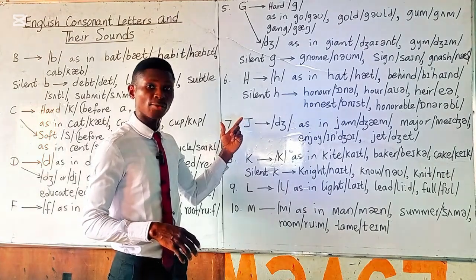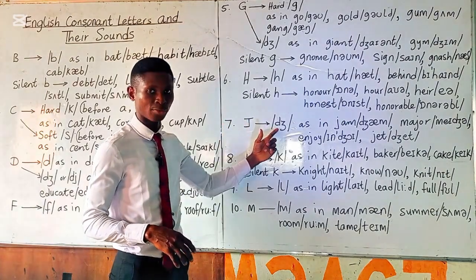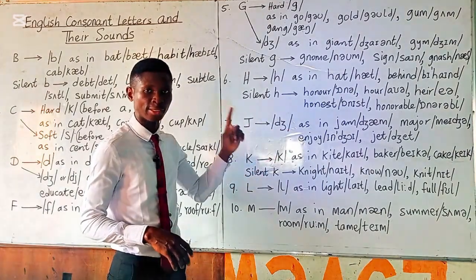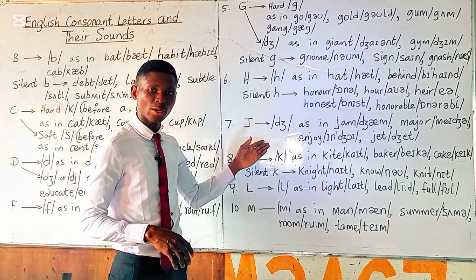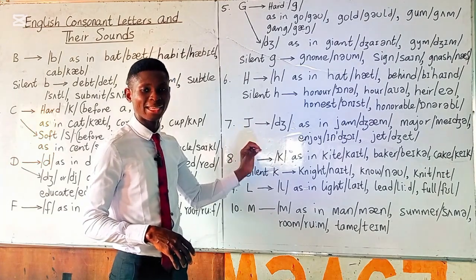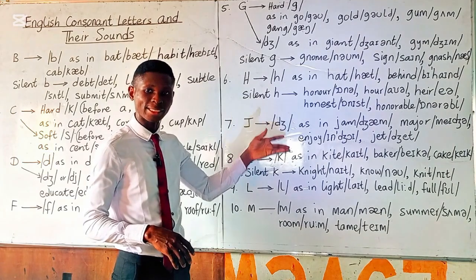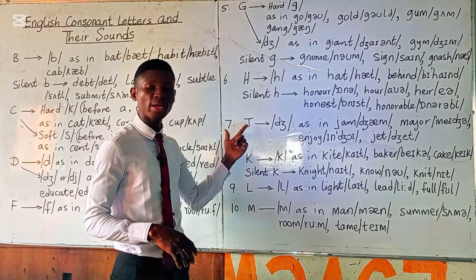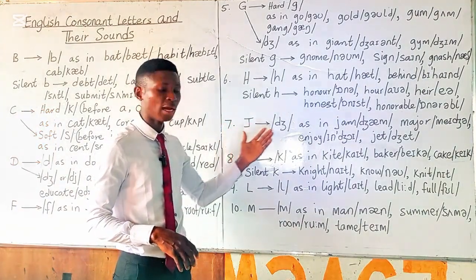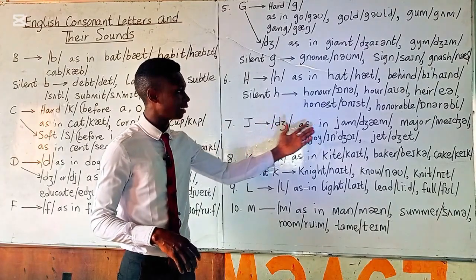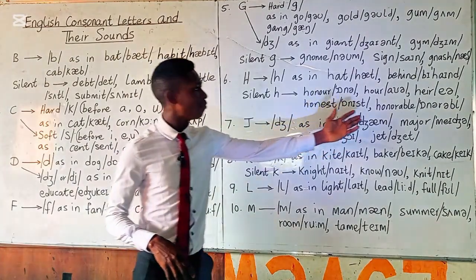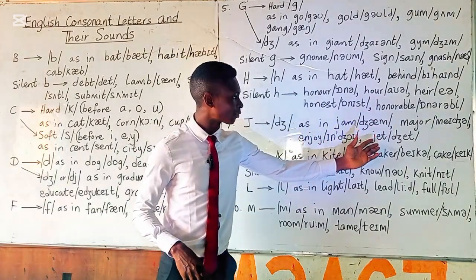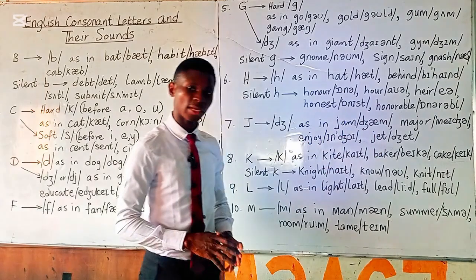Letter J represents the /dʒ/ sound, and not the one that looks like J. That one is /j/, often represented by letter Y, as in yet, yes, and so on. But where we have letter J, the sound we have there is /dʒ/, as in jam, major, enjoy, jet, and many more.